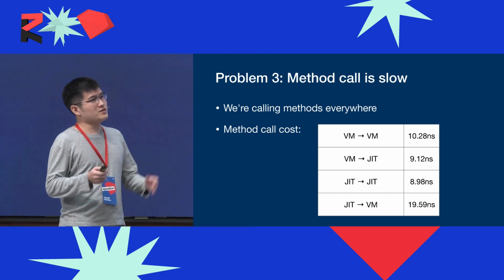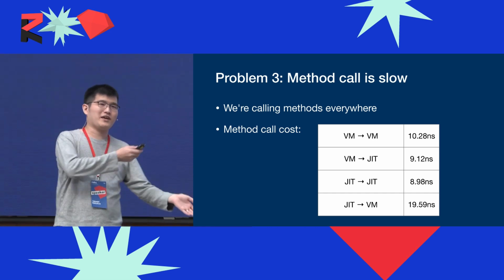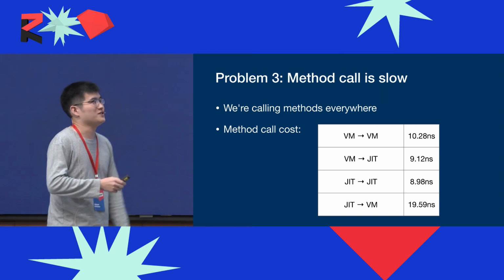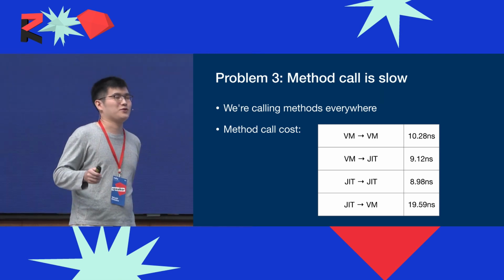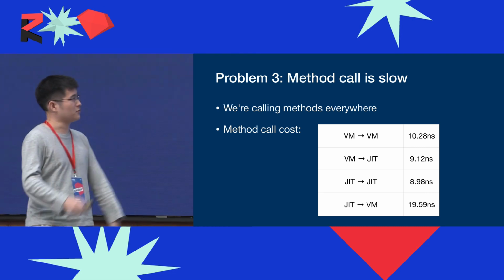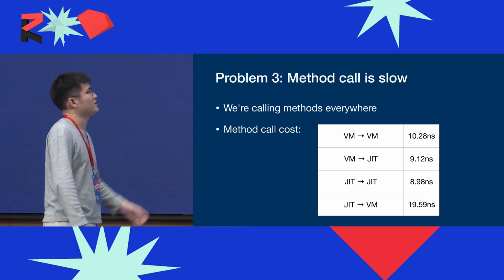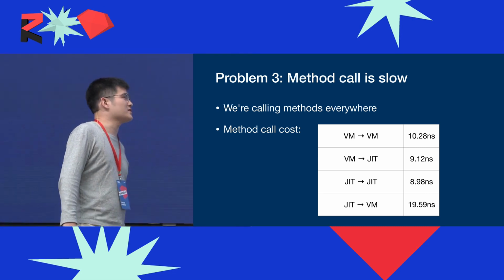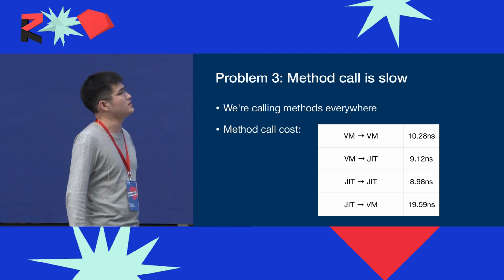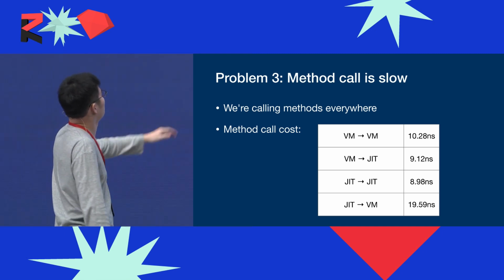Ruby's method call is very dynamic and complex, and therefore a little slow compared to a normal C function call. It takes some nanoseconds to some tens of nanoseconds, and you don't need to remember this.